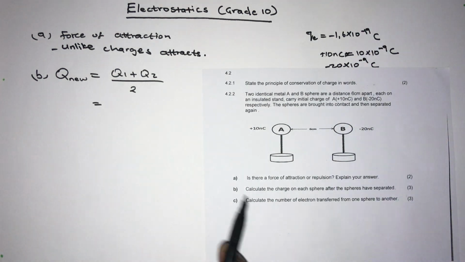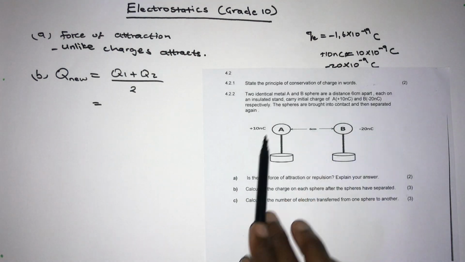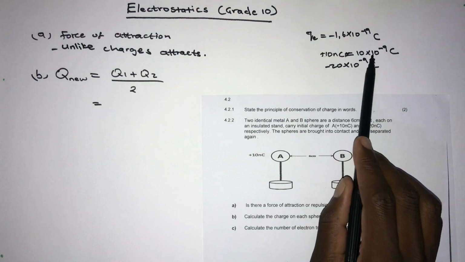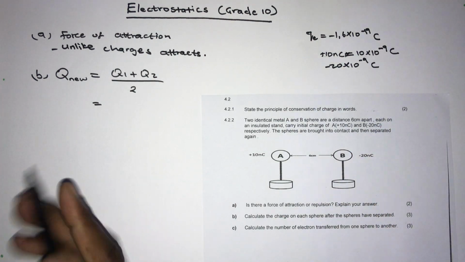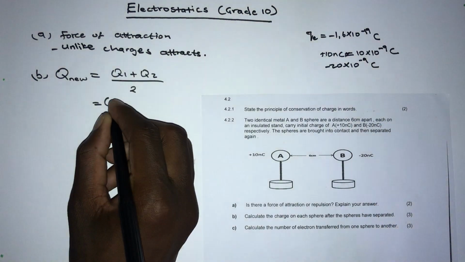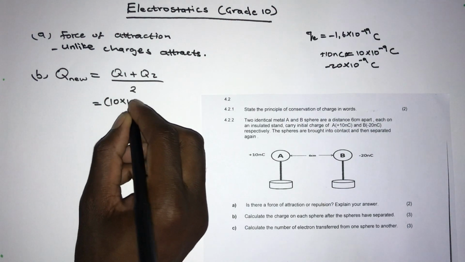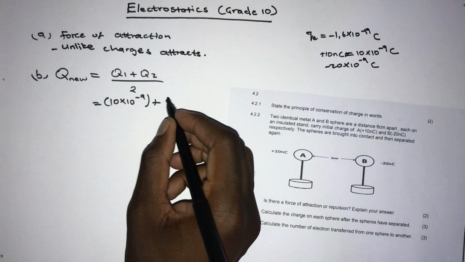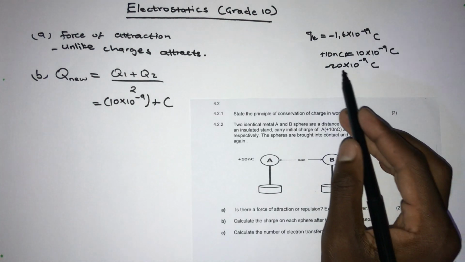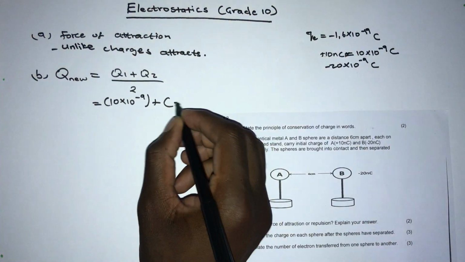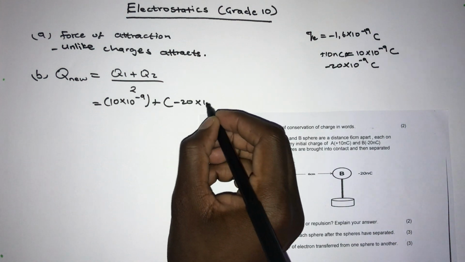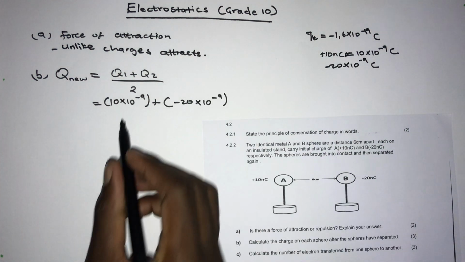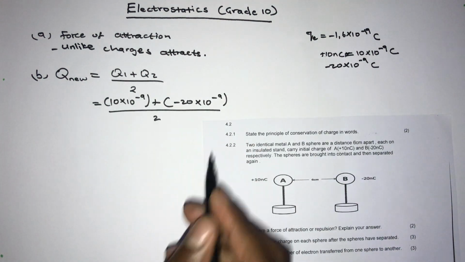So sphere number 1 is 10. We converted this one already: 10 times 10 to the negative 9, plus the second sphere, which is negative 20 times 10 to the negative 9. Then we divide by 2.